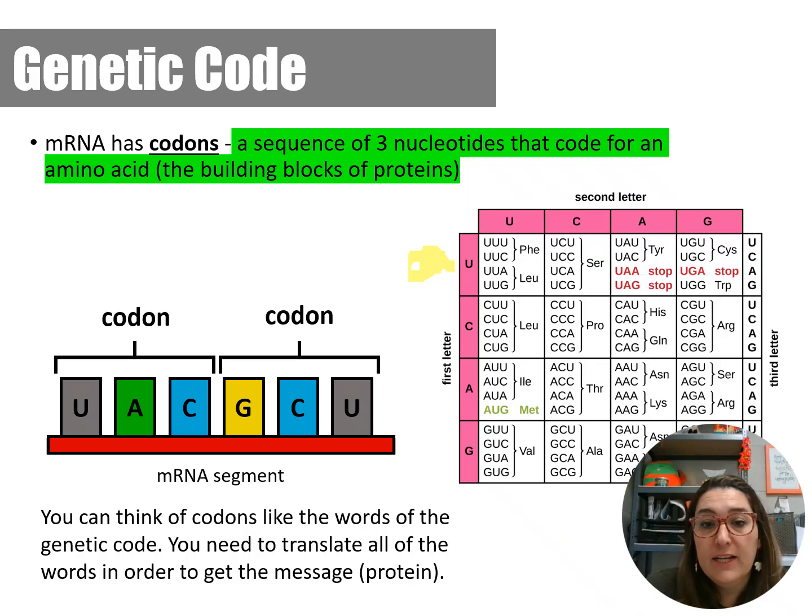The second letter is an A. So you're going to find an A across the top. And you're going to follow those across until you get to the box where they intersect. Now we know where UAC is. It's right here. And its amino acid is tyrosine, or TYR.